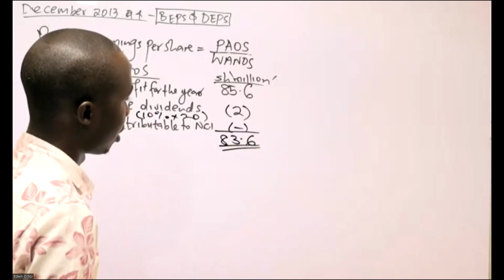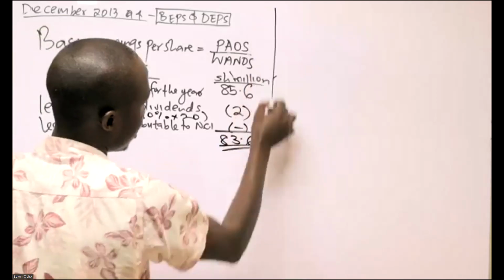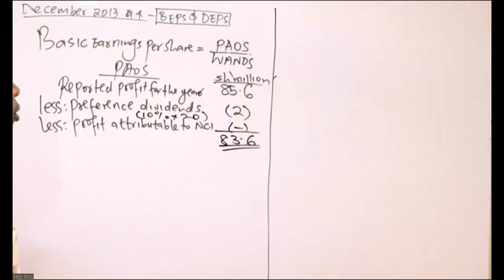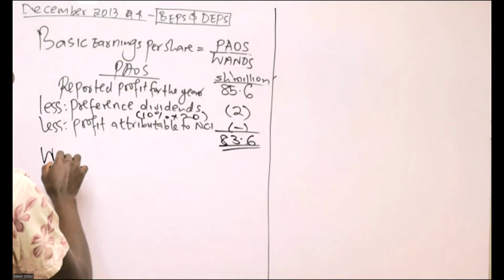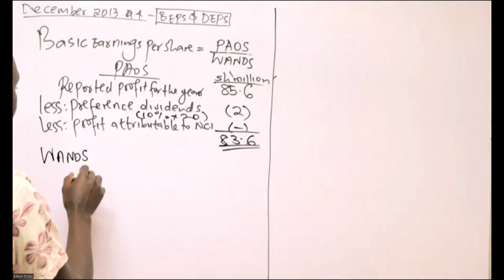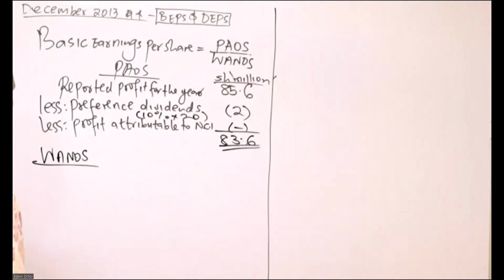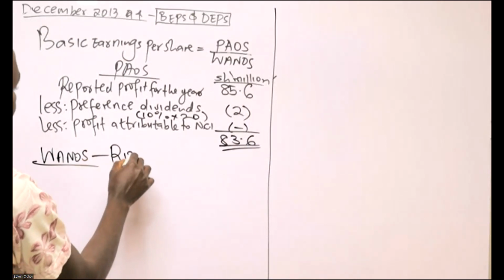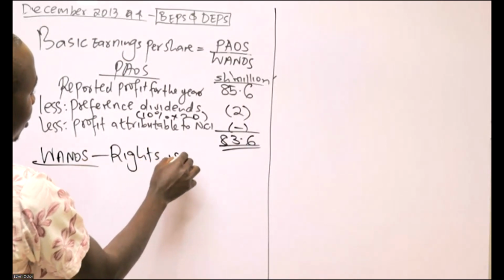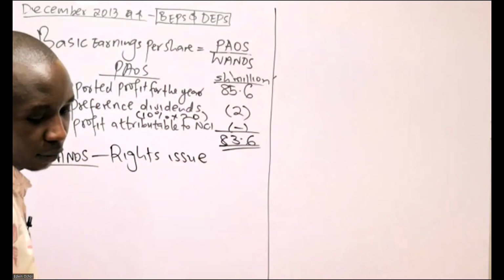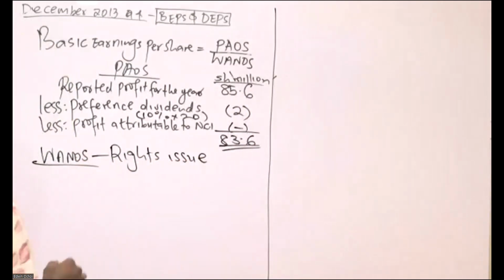So let's check for one-offs. What you need to know is that when there's a rights issue, there's a formula you are supposed to use. Which formula do we have to use?